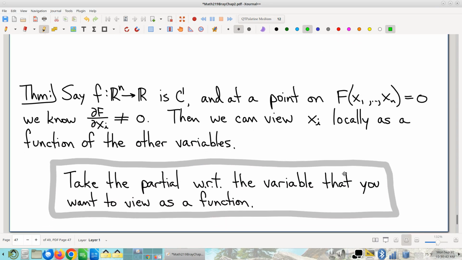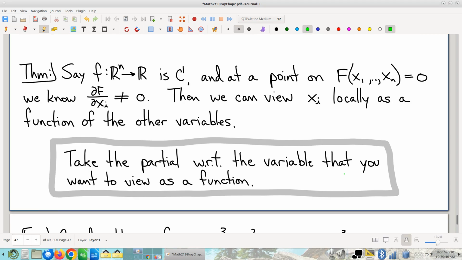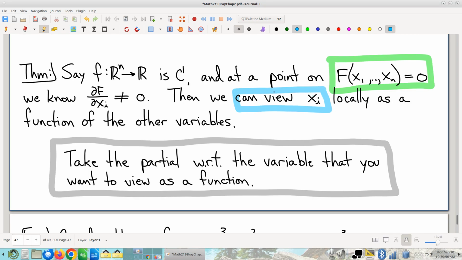I claim that this generalizes, and again, we don't want to get all ugly with the rigor here. If you're looking at a level set and you want to ask locally, can I view one of the variables, this variable x_i, as being a function of the others so I can talk about its partial derivatives? Then the answer is whichever variable you want to view as being a function, that's what you take the partial with respect to.